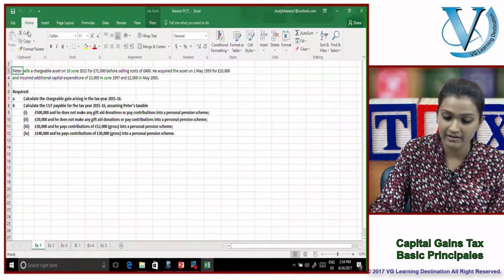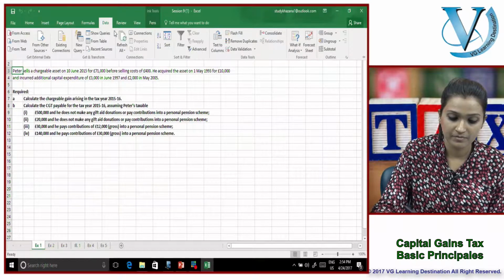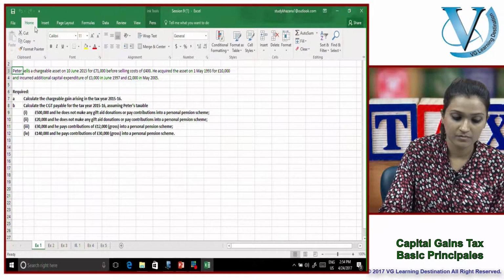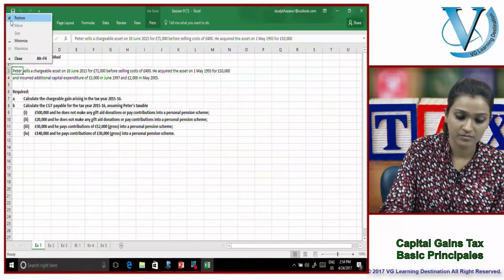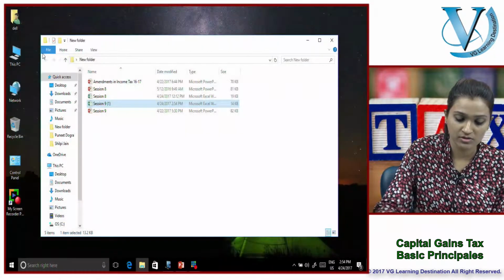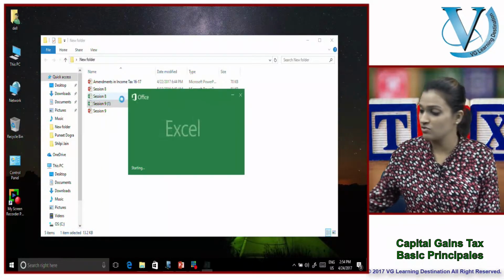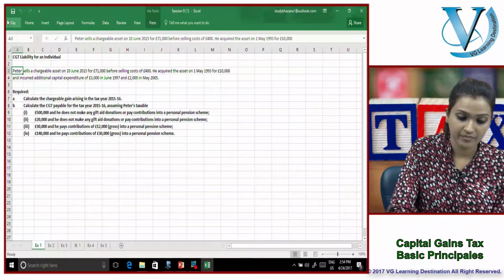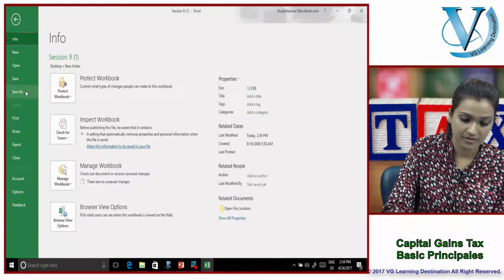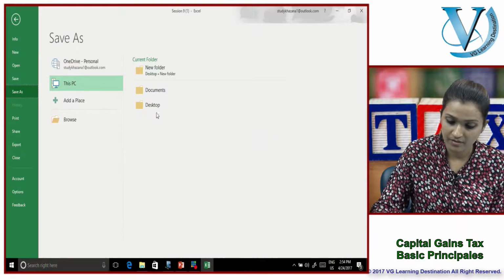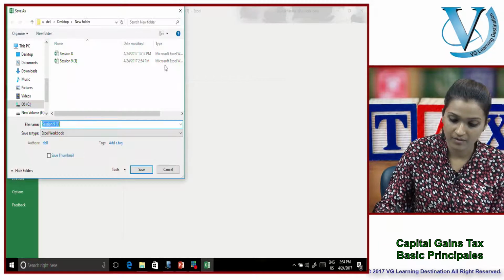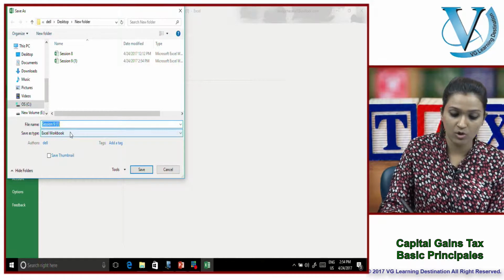Not able to write anything. Even the option to edit is not available. I'm not able to edit my file.